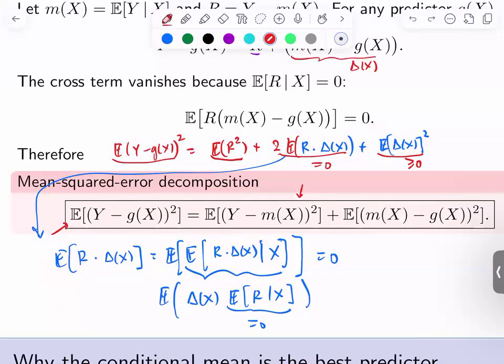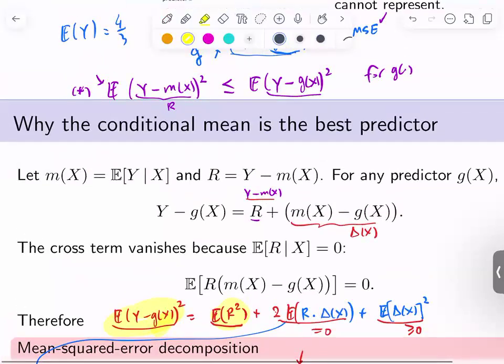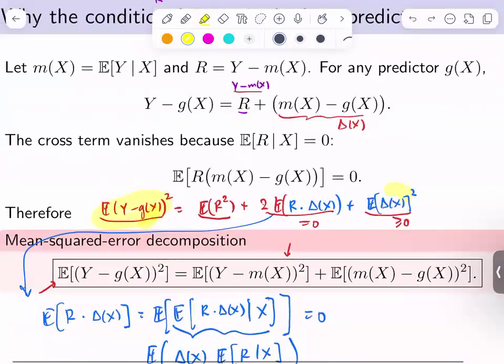Therefore this side is always greater than or equal to that side, which shows the inequality. The extra term is only 0 if m of x is equal to g of x almost surely.